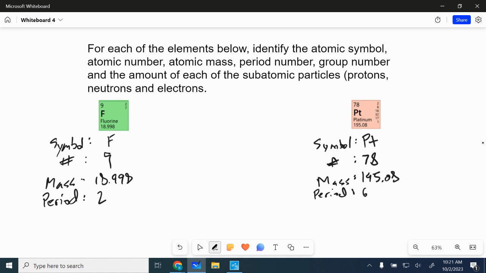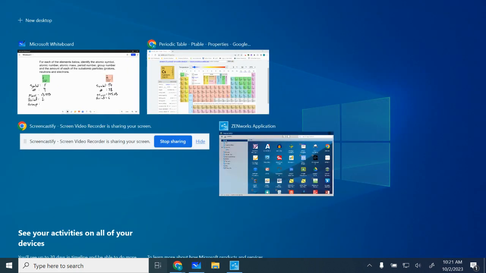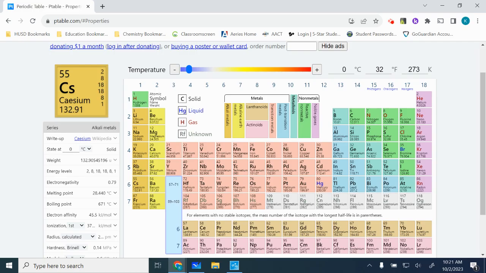Okay. Next, the group number. Okay, the group number is what column are they in? What column number? So fluorine right here is in column 17, so it's in group 17.